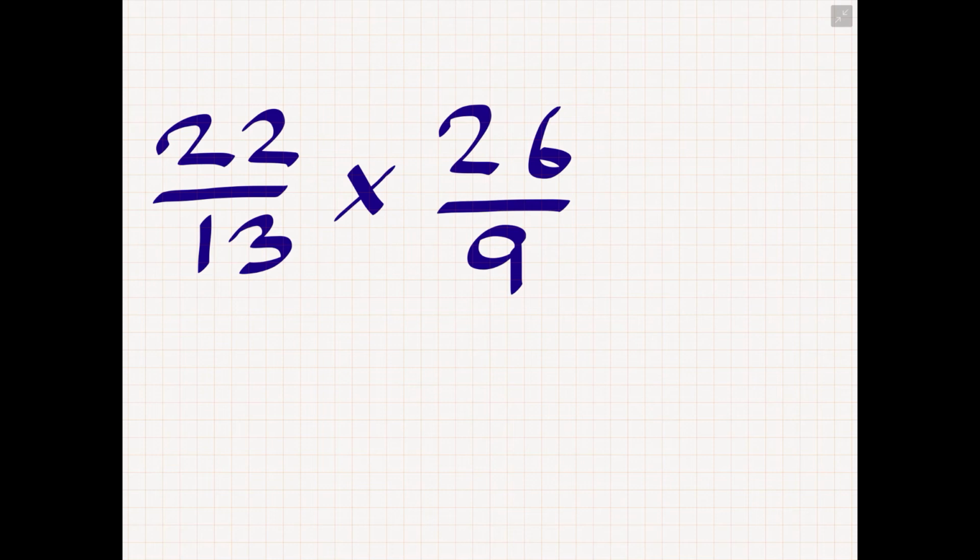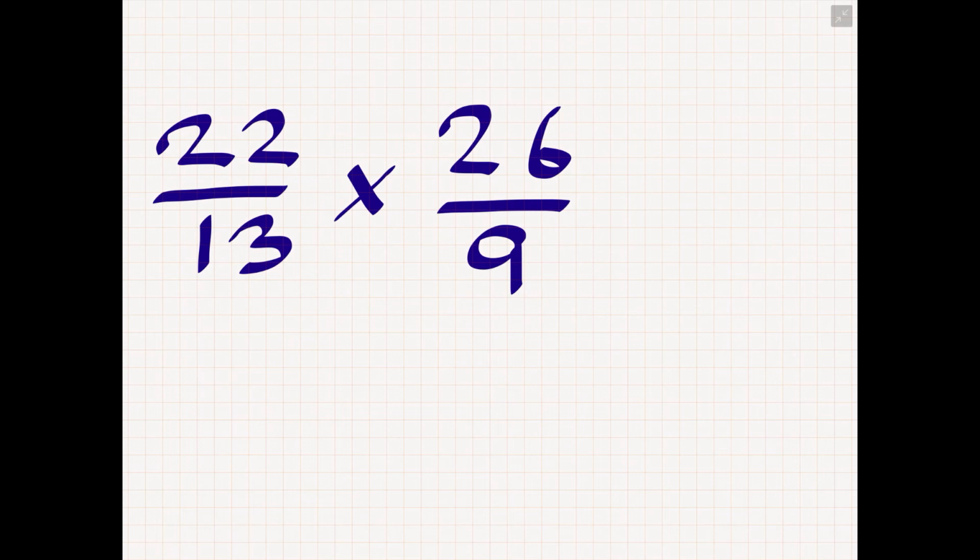So we'll check the left hand value, 22 over 13, and as we can see there are no common factors there, so we can't do anything with this one. And the right hand, 26 over 9, again there are no common factors. So we check diagonally, and this time we can see we've 13, which is the common factor with 26.